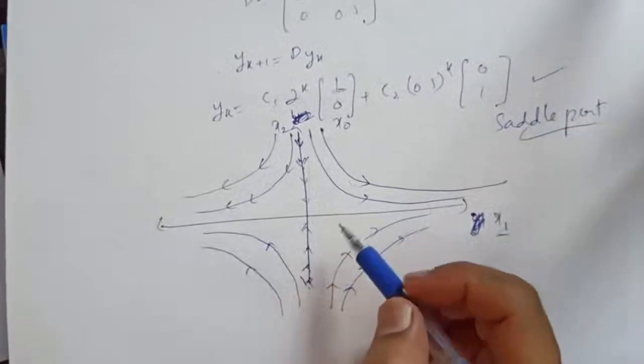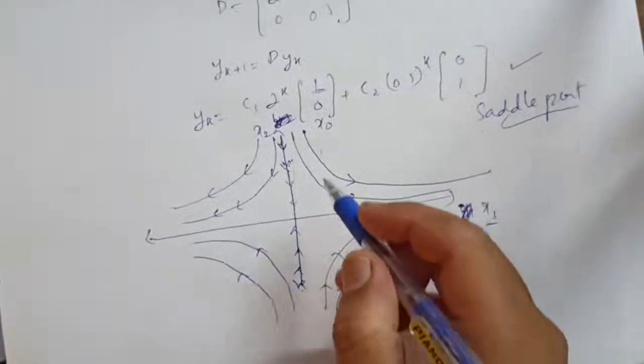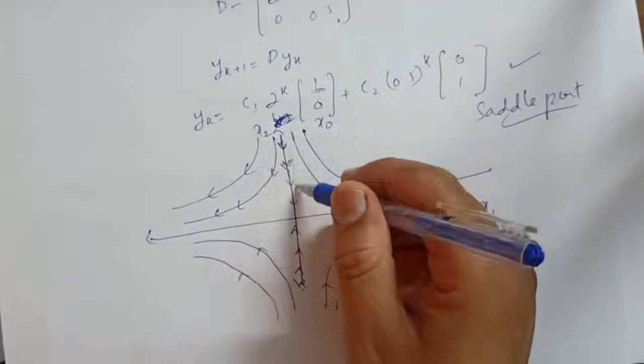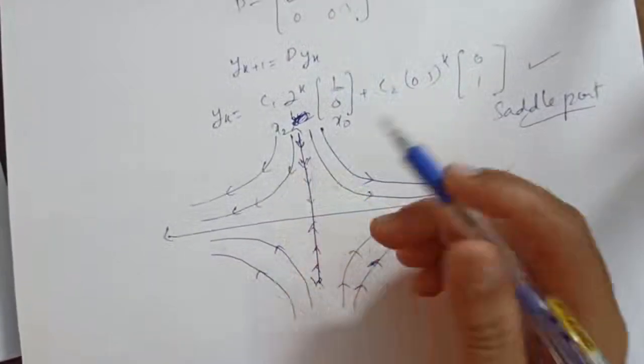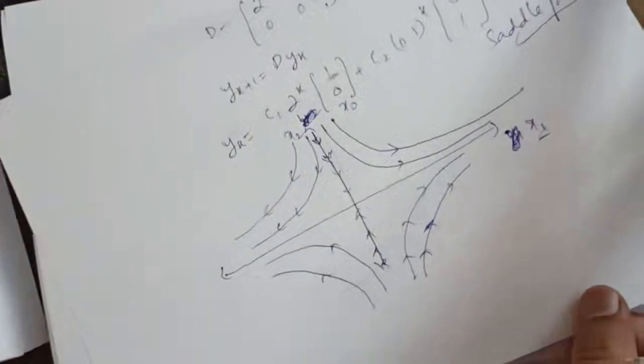Only for starting points which lie on the x2 axis will the system converge to 0. For all other points it will move towards x1.